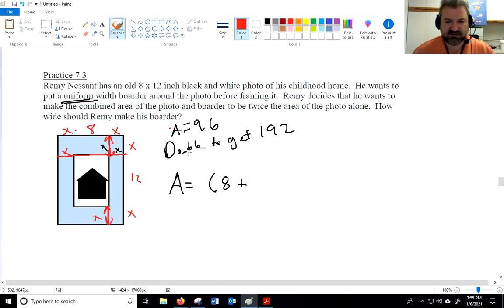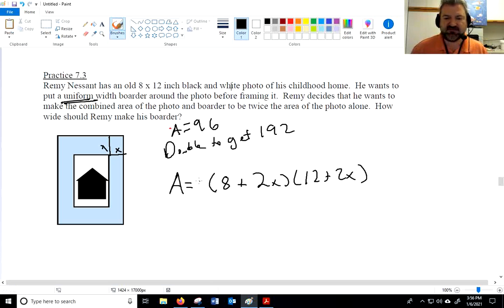All right. Sorry if that got confusing there. I'll go back to just the previous picture there. All right, so we have to do 2x, and then this has to be 12 plus 2x. And this time they're just asking when does it equal the combined 192.